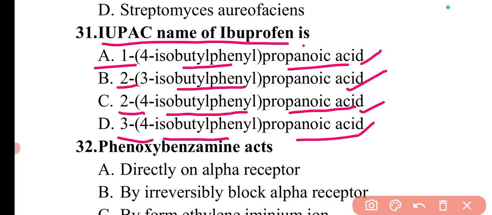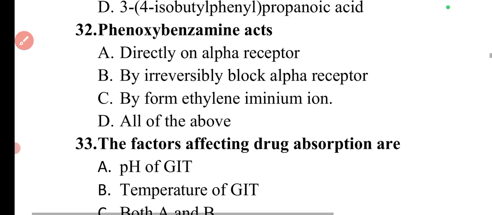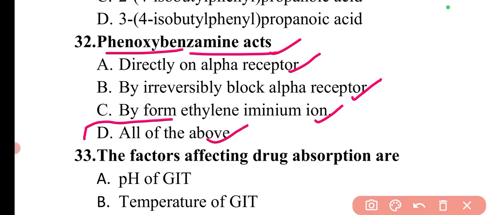Now the correct answer is option number C, 2,4-isobutyl phenyl propanoic acid. Next question is, phenoxybenzamine acts as, options are directly on alpha receptor, by irreversibly block alpha receptor, by form ethylene iminium, or all of the above. And the correct answer is option number D, all of the above.